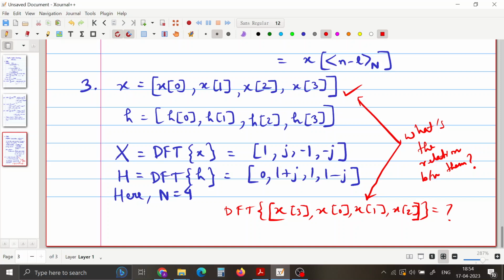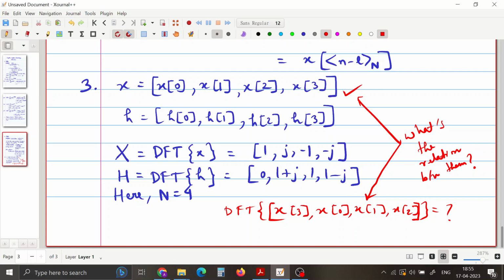It's a length 4 sequence, so it repeats: x of 0, x of 1, x of 2, x of 3, and once you reach x of 3, the following element would be x of 0 again. So when x of 3 goes to the right, it comes back in the first place, which is exactly what is happening here. x of 0 was previously in the first place, it now goes to the second place.